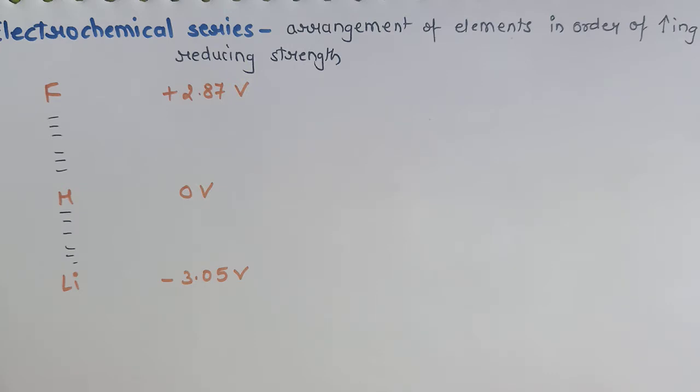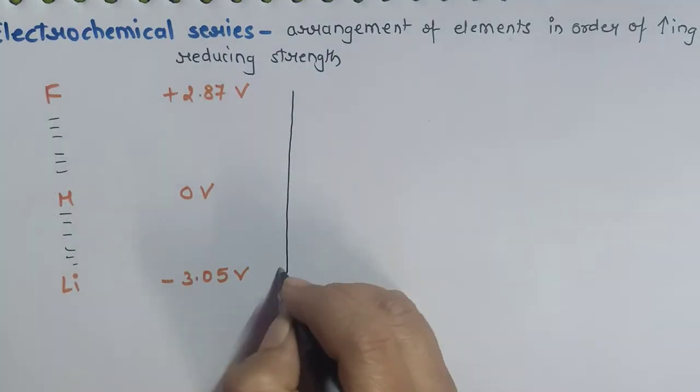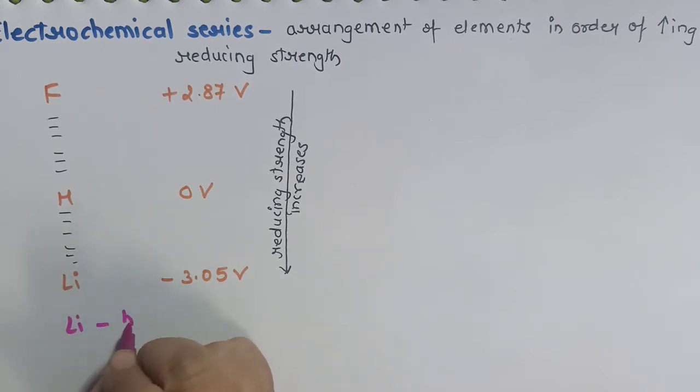Now if I discuss this electrochemical series, especially the reducing strength: if I move towards lithium, that means towards the bottom of the series, then the reducing strength increases, indicating that lithium is the best reducing agent.